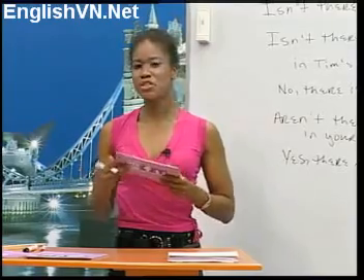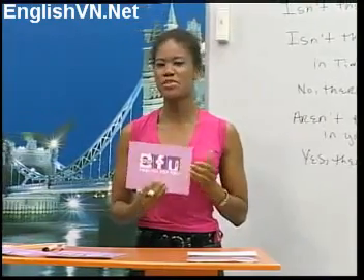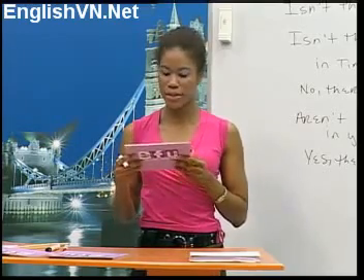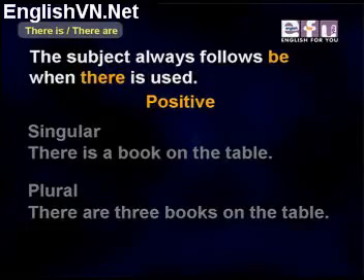Now, here is a chart to help you better understand there is and there are. Take a look at your screen. Now, the subject always follows be when there is used. When it's positive and singular, here's an example. There is a book on the table.